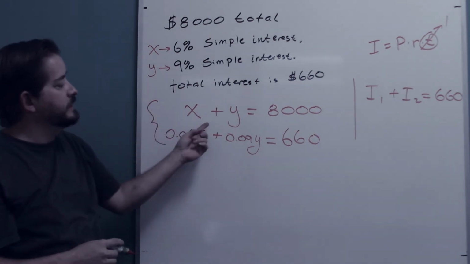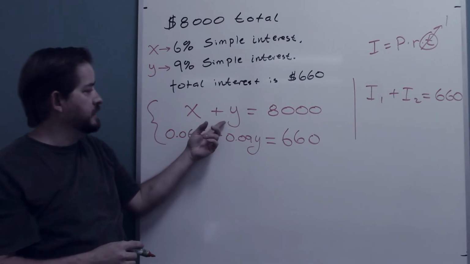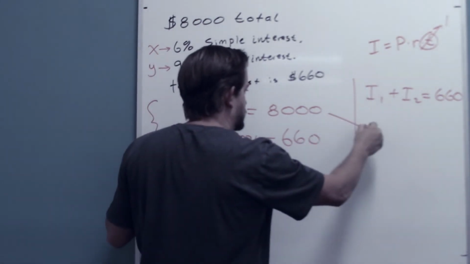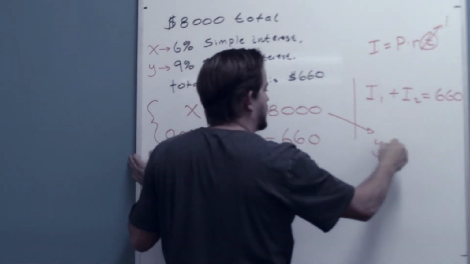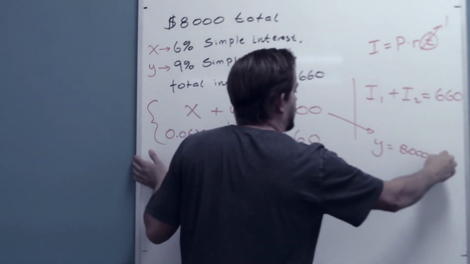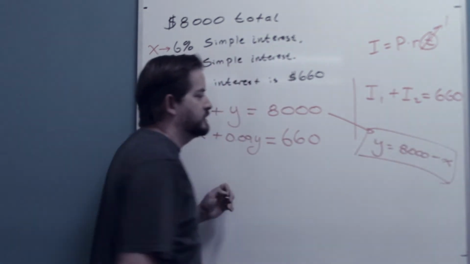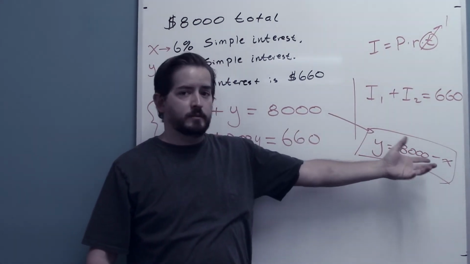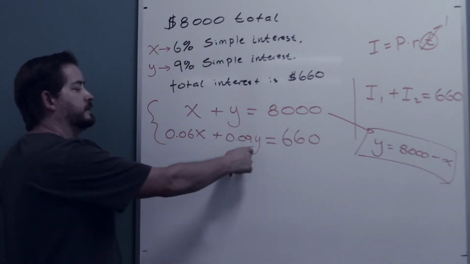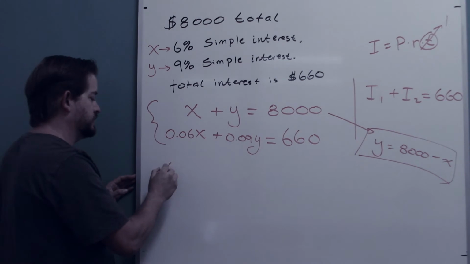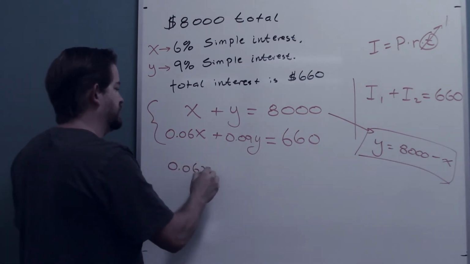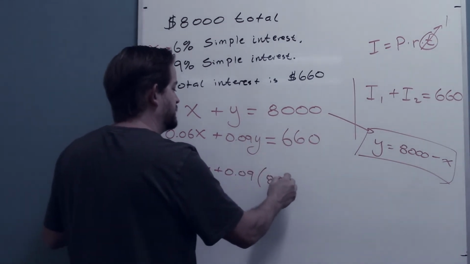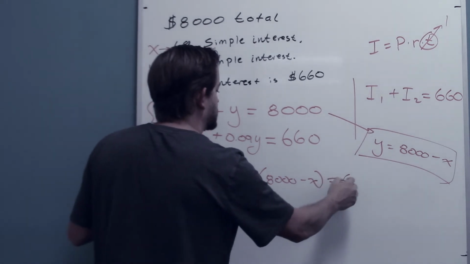And it's really easy to set this one up for a substitution by subtracting, say, X from both sides. Right? If I do that, I'll write this over here. Subtracting X on both sides gives me Y equals 8,000 minus X, which is another justification for when we did this a couple of sections ago, why we just said, let's just call Y 8,000 minus X. And if I plug that into here, then I get the equation that we built a few sections ago, 0.06X plus 0.09 times this 8,000 minus X equals the 660.